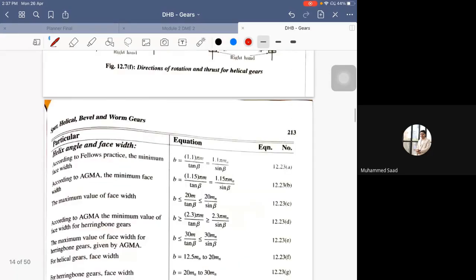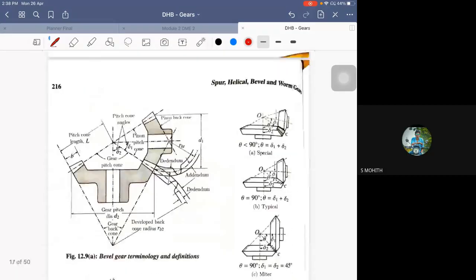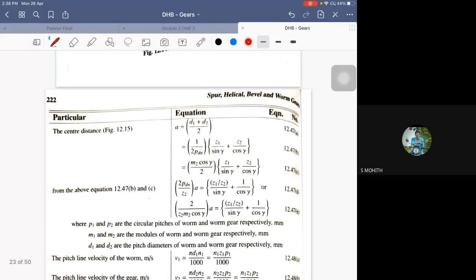If you give me the page number, it would be easier for me to scroll.